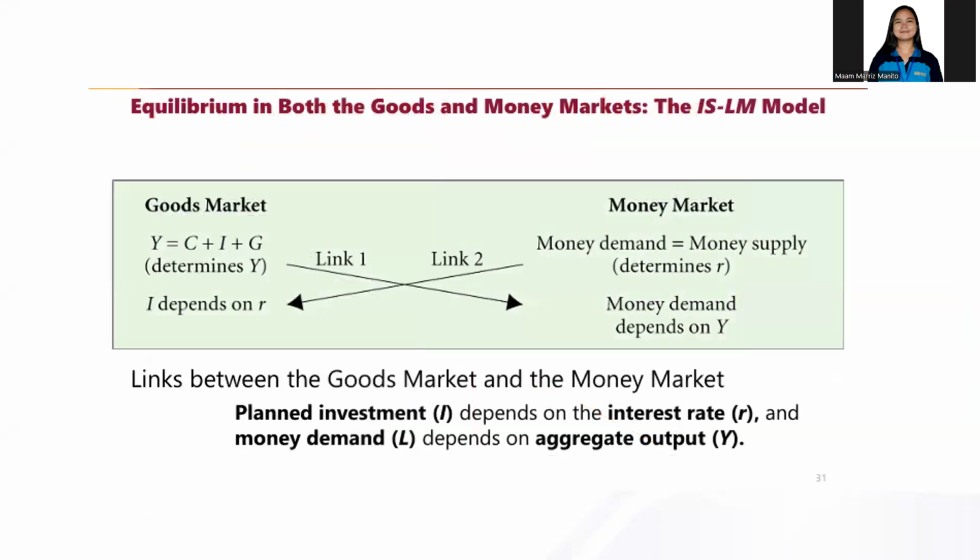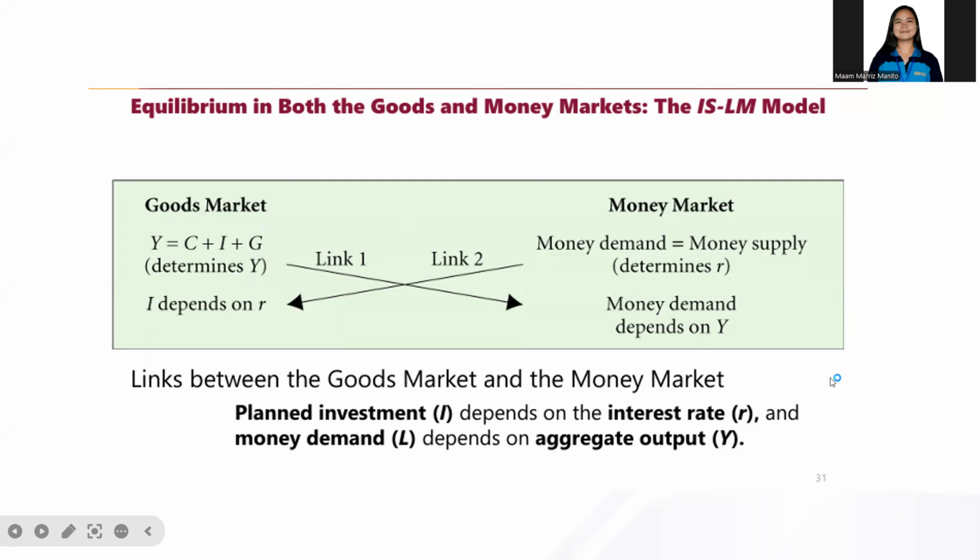I hope you get now the link between the goods market and money market. So the consumption, investment, and government spending determine Y, and money demand depends on Y, or the income or the output. And then in the money market, money demand is equal to money supply, and it determines R, or interest rate, and investment depends on the interest rate.